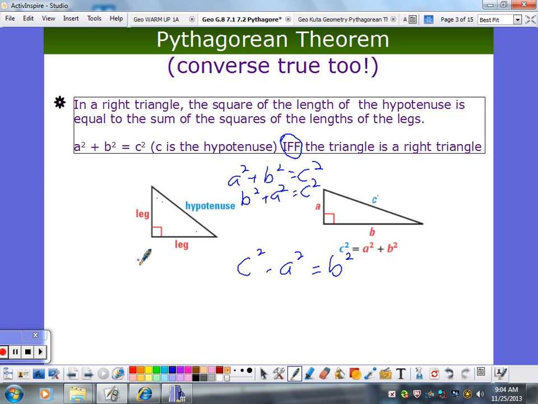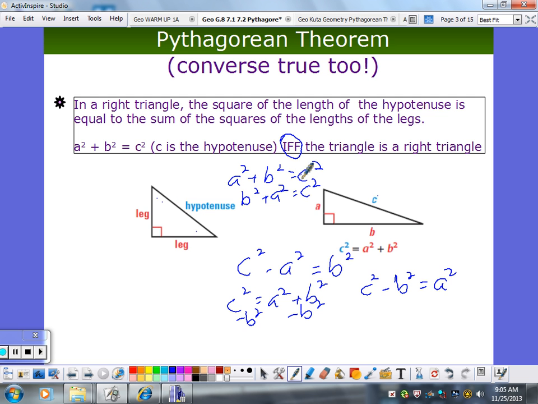Is that true? What do you think? Yes? How come? How did I get there? I started with c squared equals a squared plus b squared, and I just subtracted a squared from both sides. Can I subtract b squared from both sides? Yes. So c squared minus b squared is a squared. So we can get different formulas based on this one.